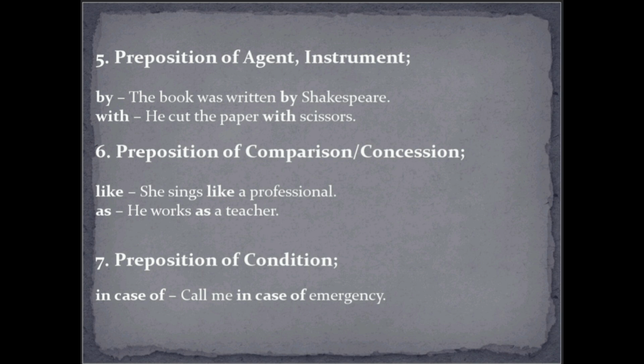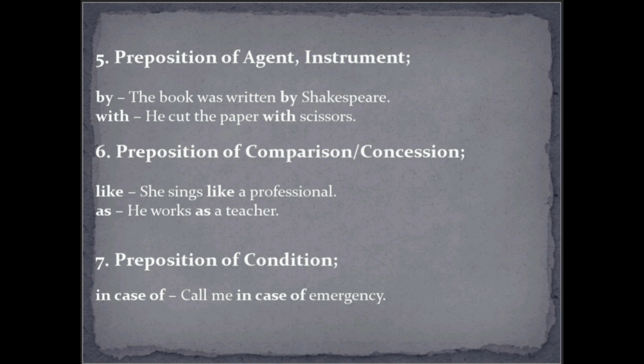Example: He is taller than his brother. Again, this shows a comparison between the height of two people. So we are doing comparison, and we use this preposition to show it. He works as a teacher.